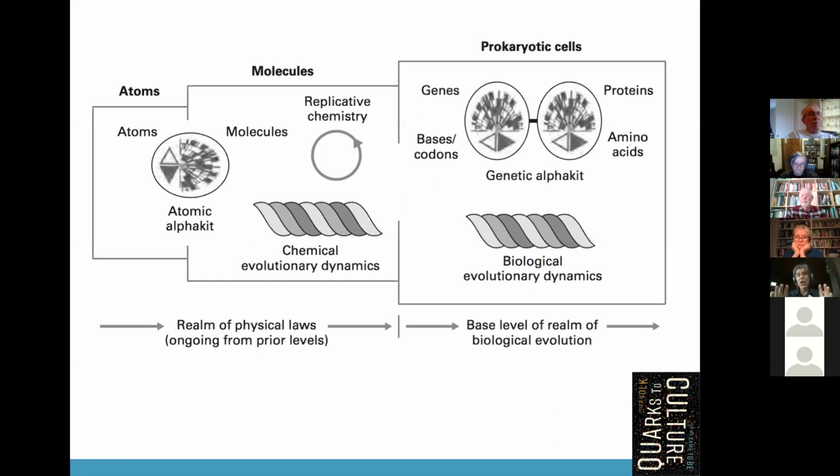The numbers, as Carl Sagan would say, are astronomical. There are papers written on the protein universe, talking about billions, trillions of possible viable proteins in the possibility space that I showed earlier as part of the alphakit idea.